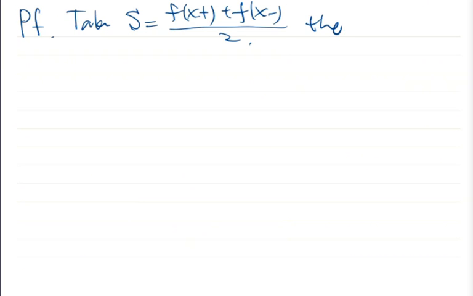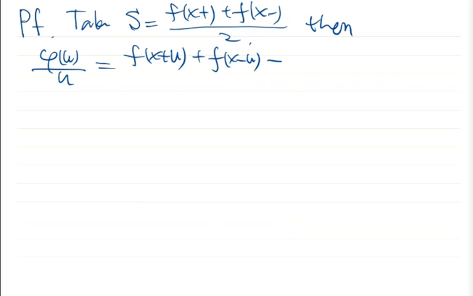Then phi u over u is f(x plus u) plus f(x minus u) minus f(x plus) plus f(x minus) over 2, the half. But this is s, and we need to subtract 2s.